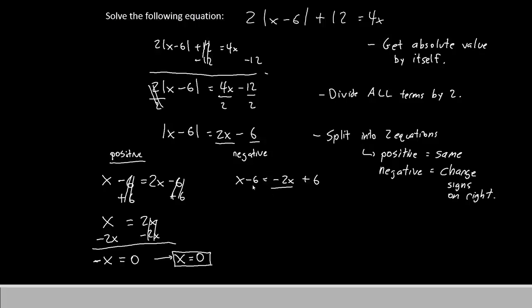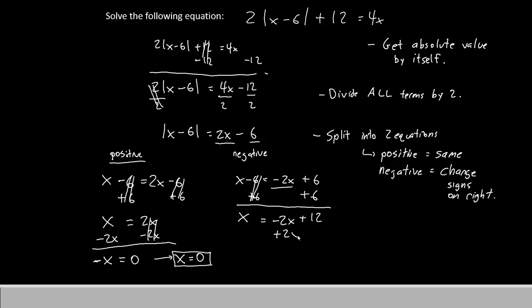Now we'll carry on with the negative version over here. Let's start by moving the numbers to the right and the x's to the left. Add 6 to both sides, so the negative 6 and the plus 6 cancel out, and 6 plus 6 makes positive 12. Bring everything else down: x equals negative 2x plus 12.